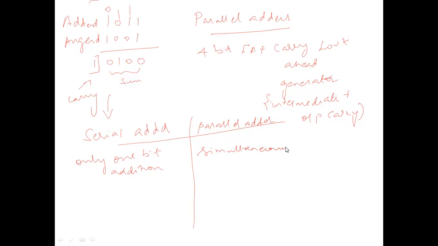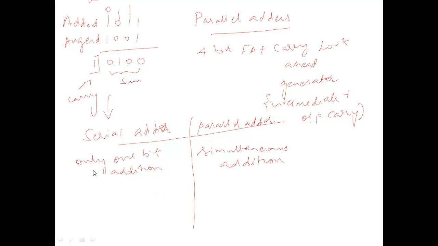It means that once you give the augend and addend, it will perform the addition operation and give you the result immediately. Whereas in serial adder, you give LSB first, the result will come out and the carry will be stored for the next addition. And again the result will come out, carry will be stored for the next operation until the MSB is reached.